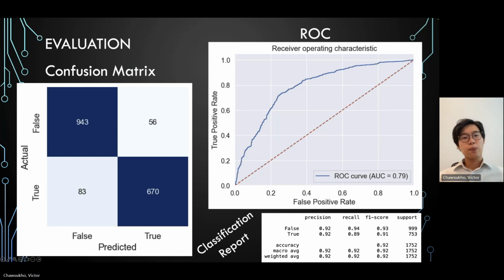So after we have done the process and also the modeling for the new data sets, the confusion matrix, ROC, and classification report gave us very good results. As you can see for the confusion matrix, the true negative and true positive perform very good compared with the others.